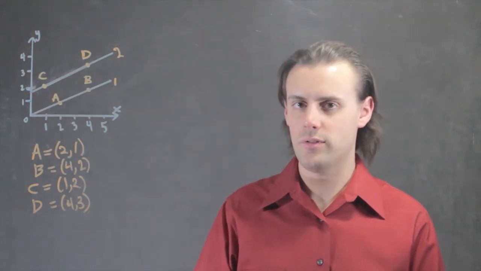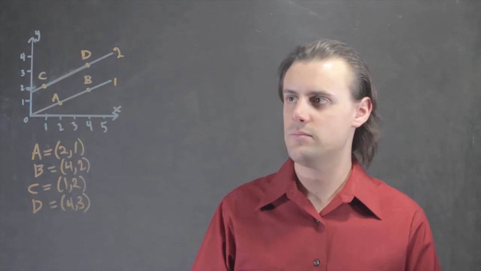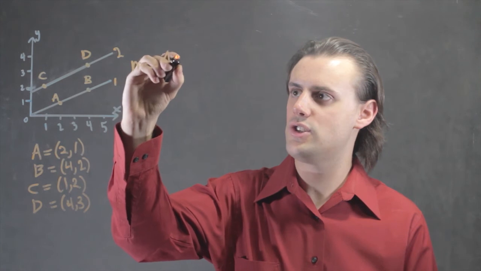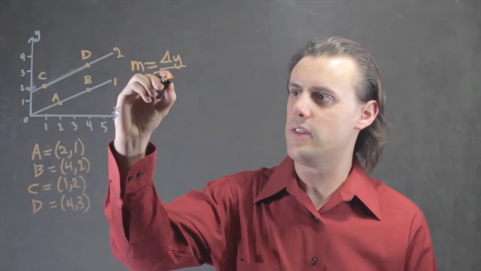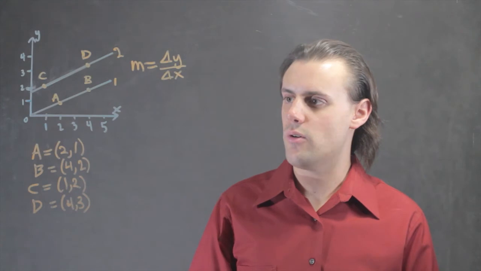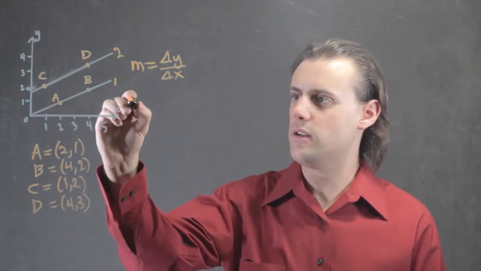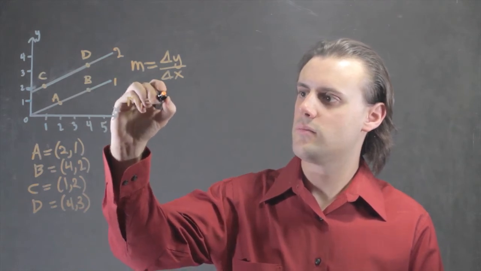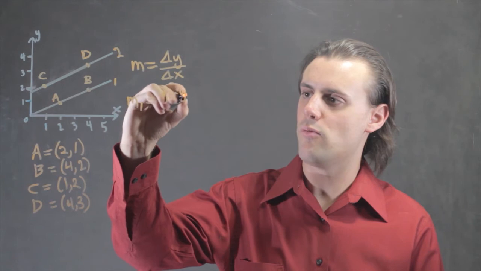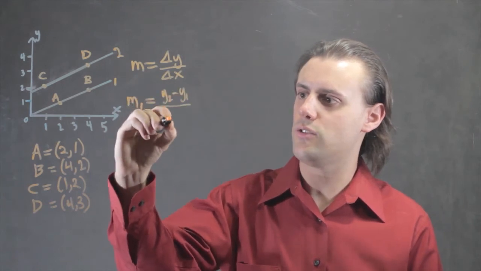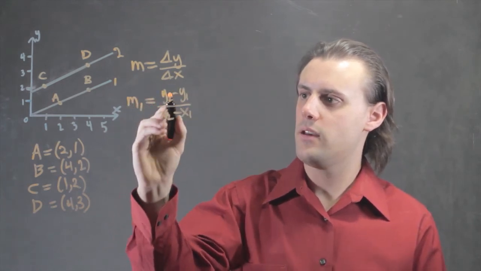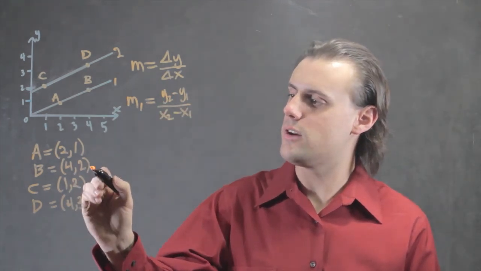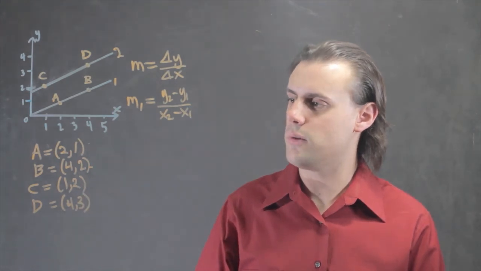To calculate the slopes, we simply use the slope formula, which is the slope m is given as the change in y divided by the change in x. So, for example, for line 1, we calculate m1 is equal to y2 minus y1 divided by x2 minus x1, where y2 and y1 are the y values in the coordinates for B and A, respectively.